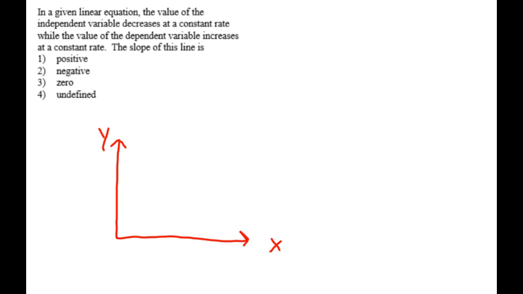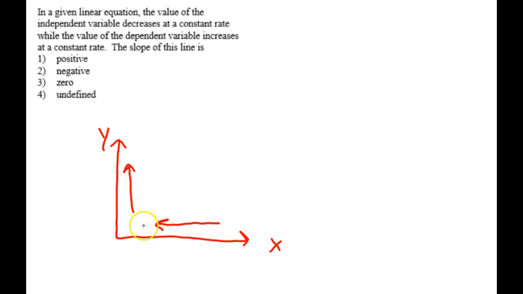Next example: in a given linear equation, the value of the independent variable decreases at a constant rate while the value of the dependent variable increases at a constant rate. The slope of this line is, so our independent variable refers to x, so as our x values decrease, as our x values go to the left, the dependent variable, the y values, increase at a constant rate.